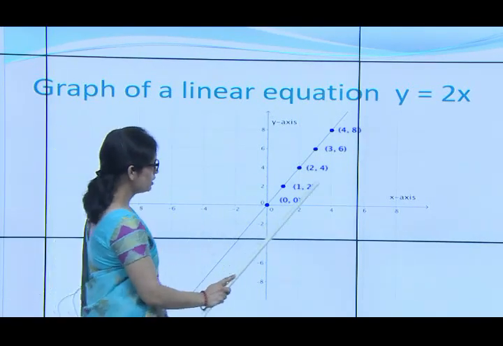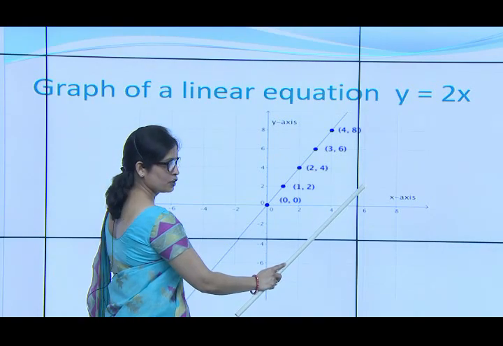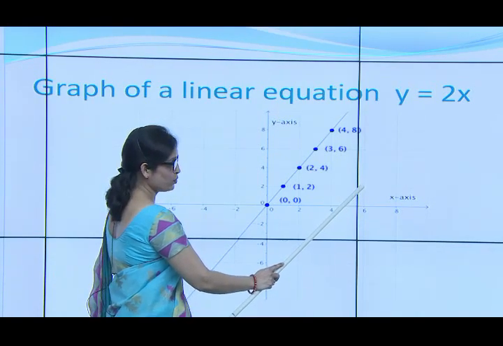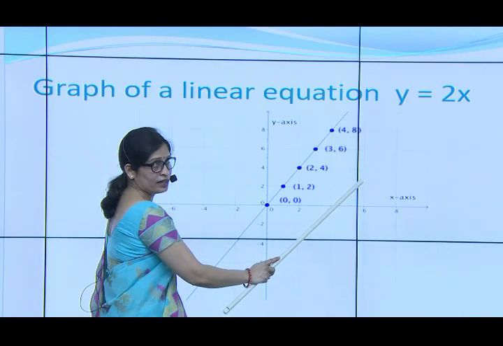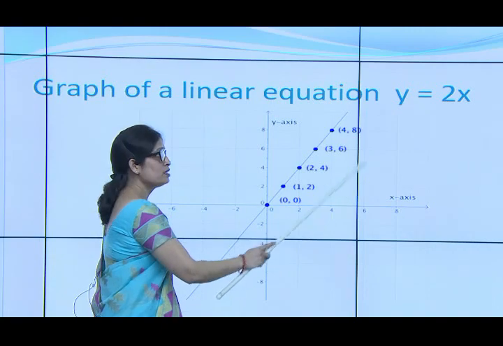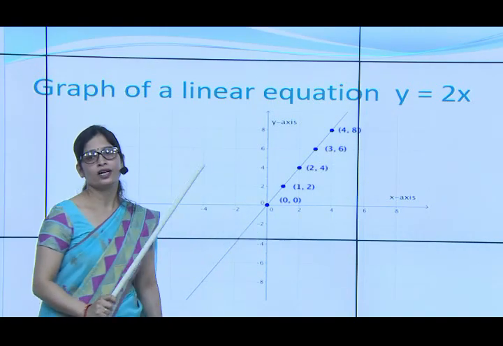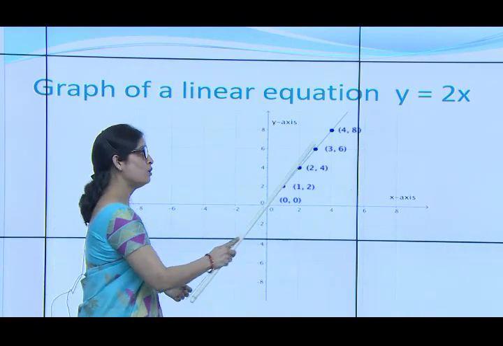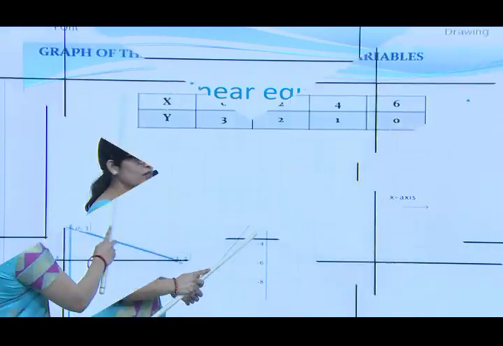If we take this point here, this point represents (6, 2). If we take the point (6, 2) on this plane and I ask you whether this point (6, 2) is a solution of this equation, your answer will be no. Why? Because this point is not lying on this line.